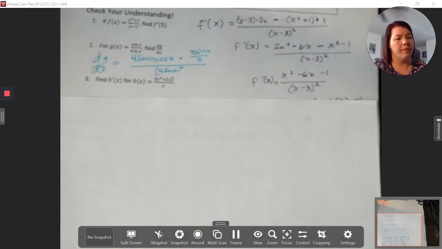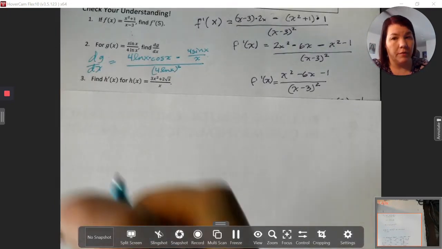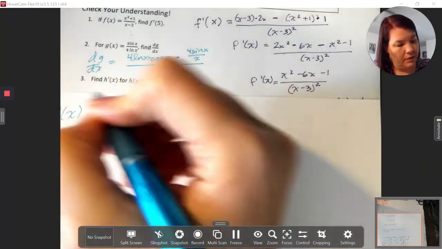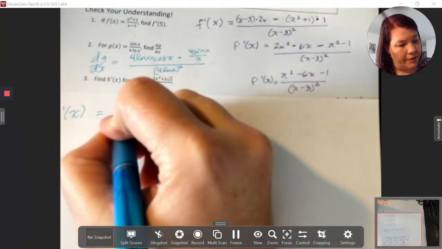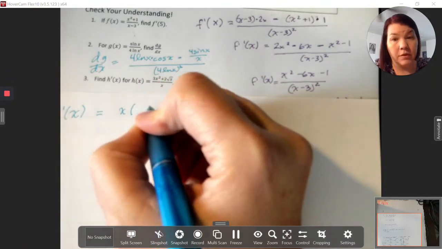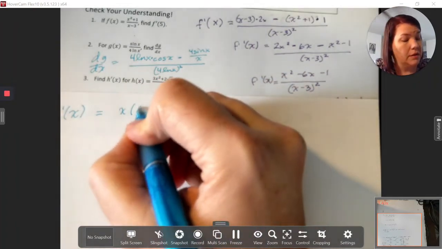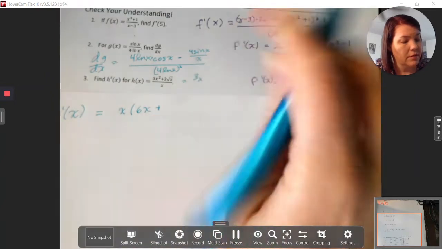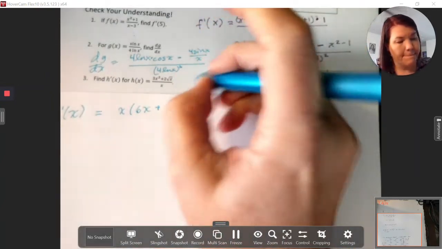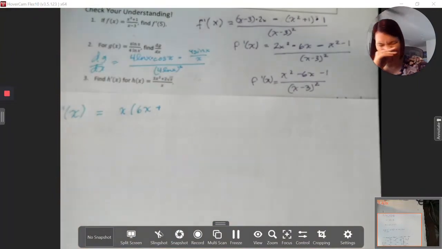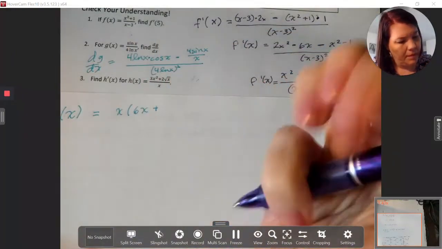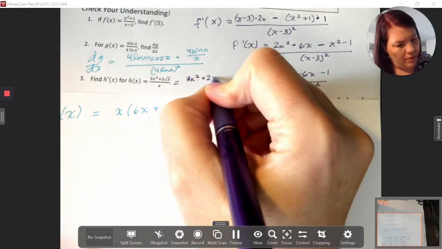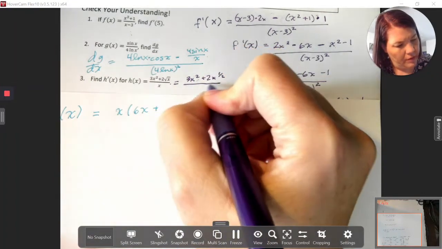Just checking. So find h prime. All right, so h prime of x equals down, d up. So this is a hard d up. 6x plus x to the 1/2 will be easier to tell.